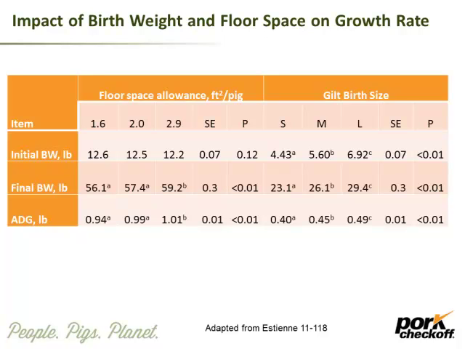So growth rate, again, this tells us that we don't want to keep those small females because they're going to grow more slowly. When he imposed floor space requirements on those females at 1.6, 2, or 2.9 square foot per female, he measured growth rate for them, and average daily gain and final body weight increased in a very linear fashion and were significantly different.